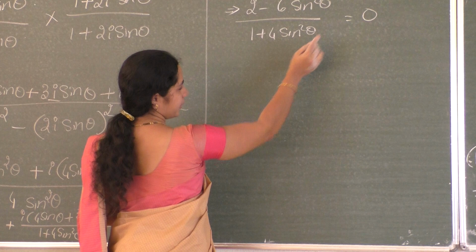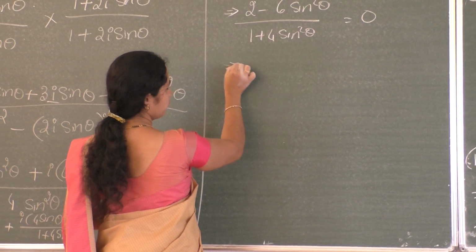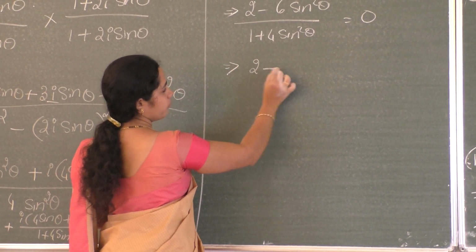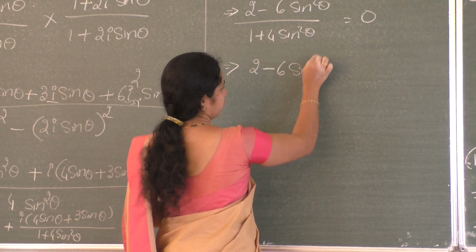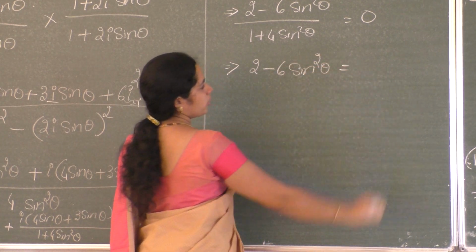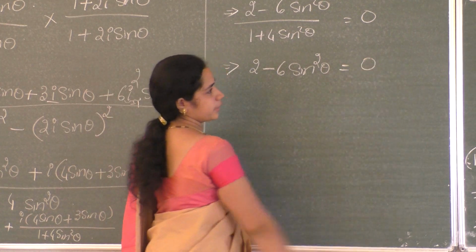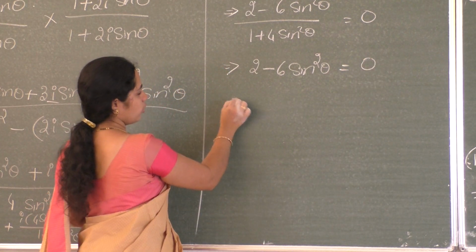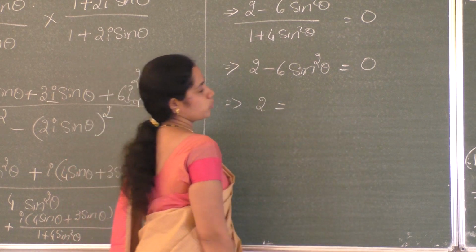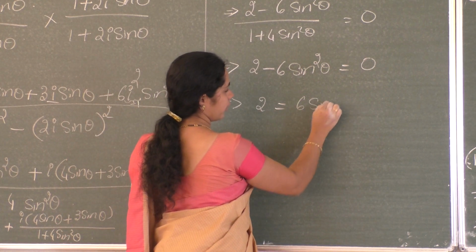Take the denominator to that side, it becomes 0. So 2 minus 6 sin square theta is 0. What is this? 2 is equal to 6 sin square theta.